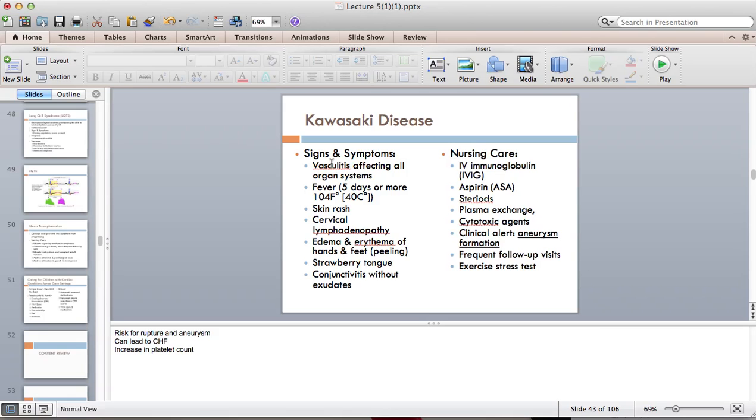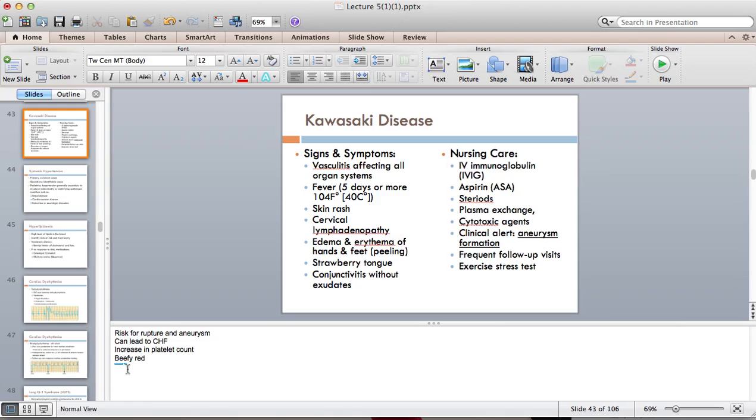Another classic thing would be redness of the tongue, which can be referred to as strawberry tongue or beefy red tongue. So in other words, for this to be a true Kawasaki, there has to be an increase in temperature of 104 for 5 or more days, in addition to the beefy red tongue, desquamation of the hands and feet, peeling of the palm and sole.